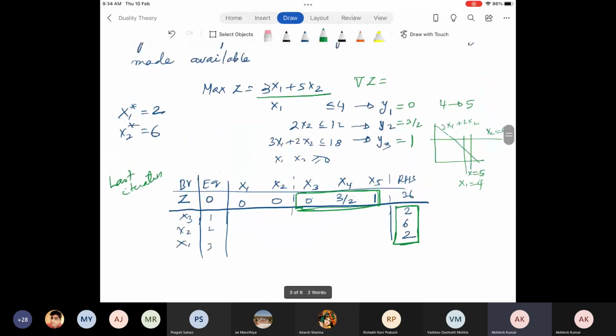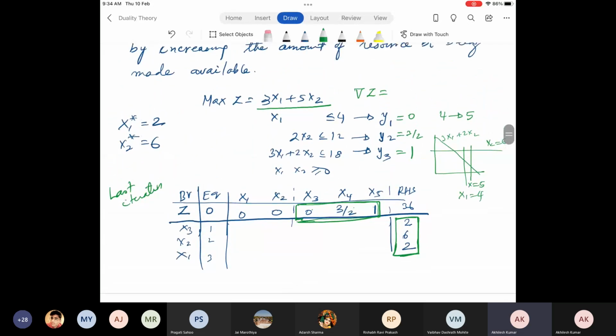Are you guys getting my question? I increase this resource, the RHS of the first equation, from 4 to 5. Whether it will affect my objective function or not. No, sir. It will not affect. And you know why? Because its shadow price is 0.